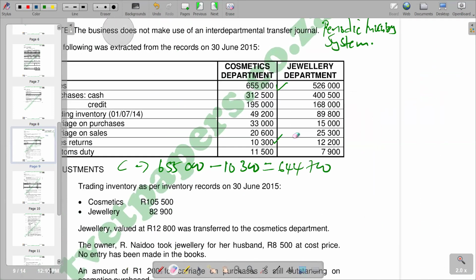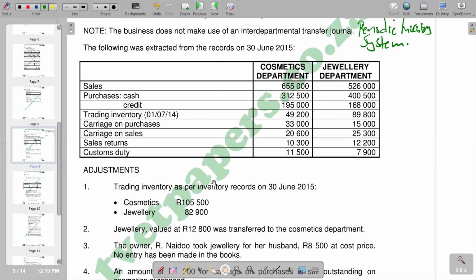For the jewelry department, our sales here are 526,000. And then we check for sales returns, which is 12,200. We subtract 12,200.